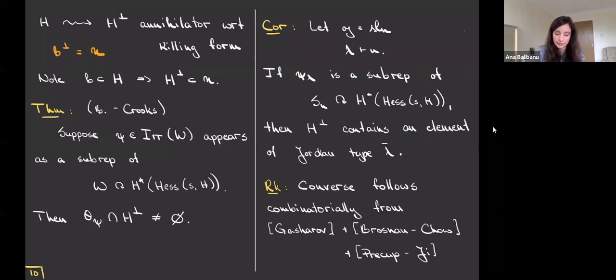And concretely, in the case of SL_n, what this means is that if I have a representation of the symmetric group indexed by some partition that appears in this action, then the annihilator H perp contains a nilpotent element whose Jordan type corresponds to the conjugate of that partition.